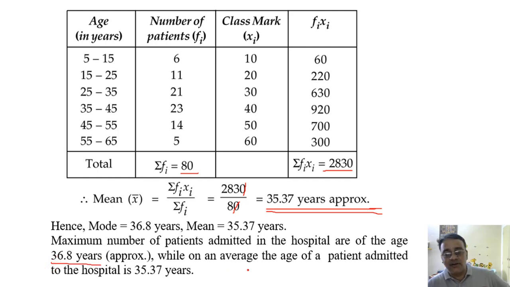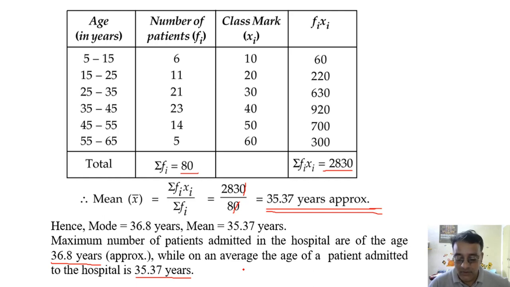In this way you have to give your interpretation: the maximum number of patients admitted in the hospital are of the age 36.8 years approx, that is the mode, while on average the age of a patient admitted to the hospital is 35.37 years, that is the mean. Whether this is clear to all of you?